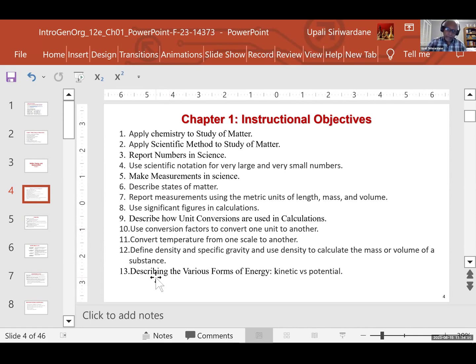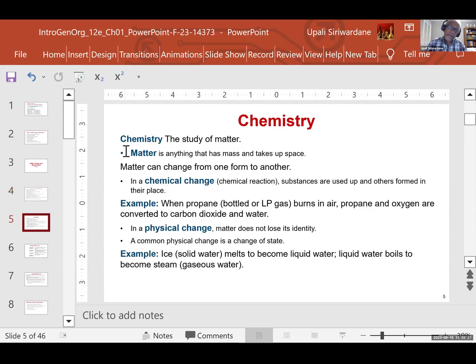The chapter also deals with energy, the study of matter, energy, and measurement, as the chapter title says. So we are going to look at energy, which is different from matter. Matter is defined as anything that has mass and takes up space.